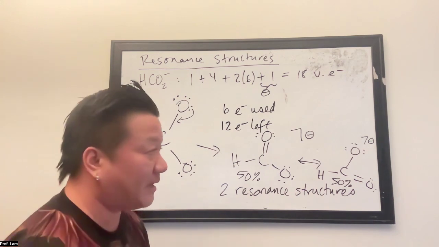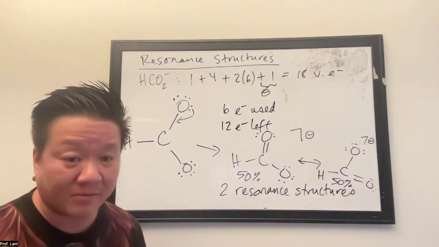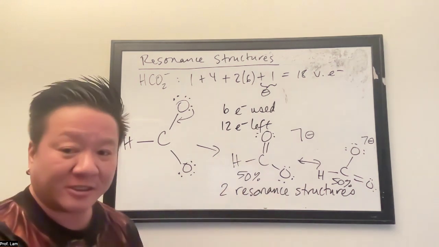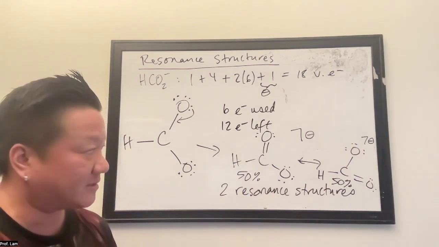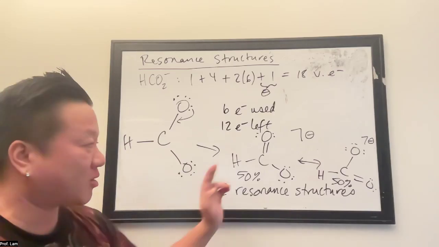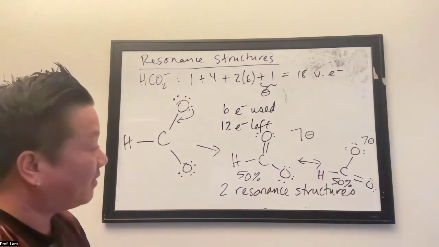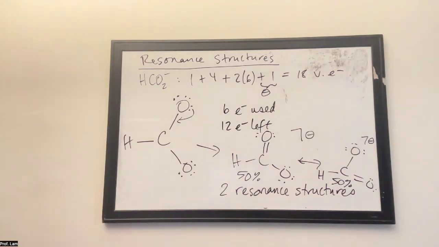And electrons do that, right? Because they're constantly in motion. So they're just spreading their time evenly over these 2 atoms, right? And so that's why we got 50-50. Okay. All right, let's do one more example.